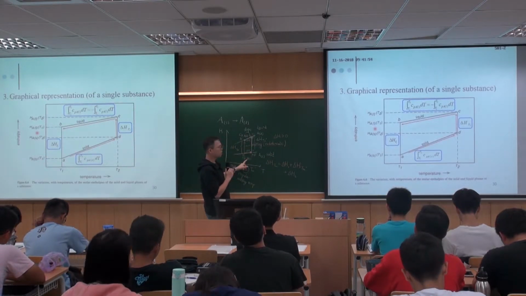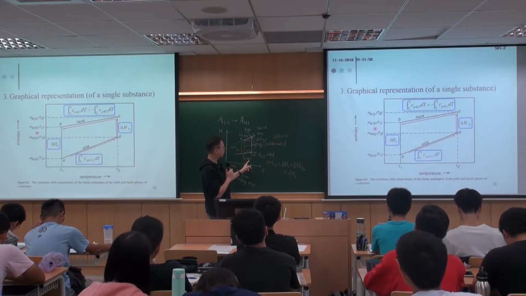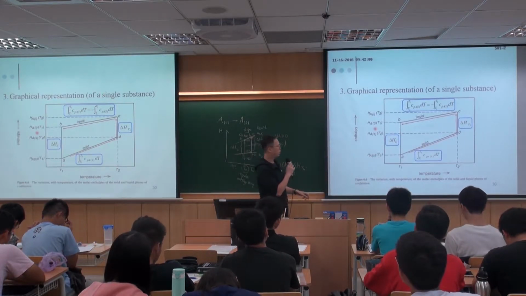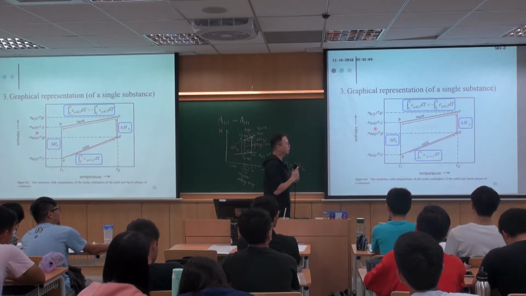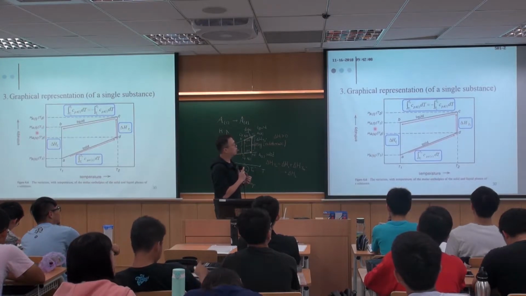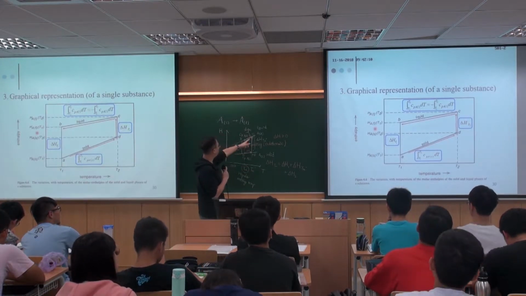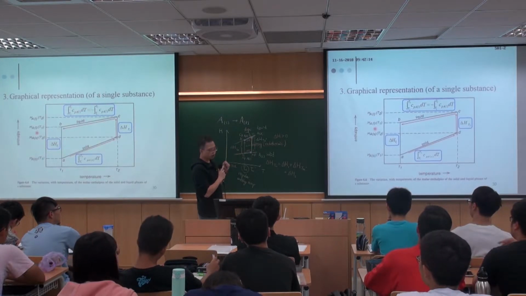So we are using Cp of the solid phase as our slope. So as long as you know this, you can calculate this difference by using this integration. And that's the same for the liquid part, except that you're going backwards.